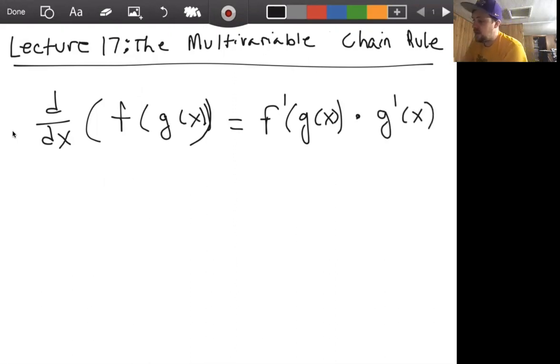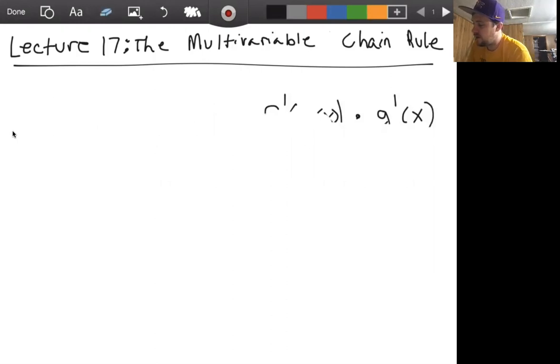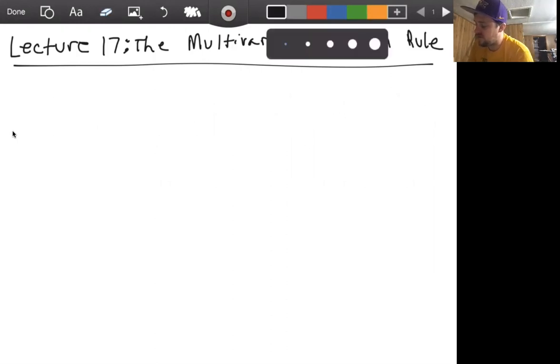What we want to consider now is, since we're looking at functions of multiple variables, what happens to the chain rule? What if we wanted to find the derivative of a function not of one variable, but of two?